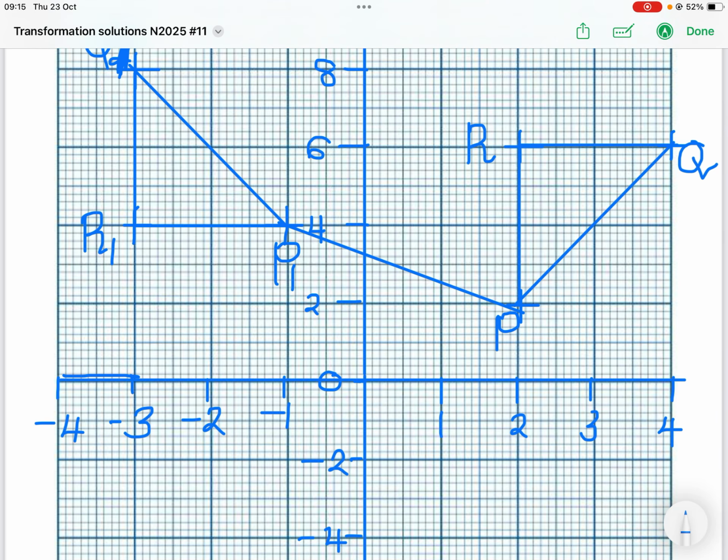And then we draw a perpendicular bisector of that line. We are having 3 boxes, so the perpendicular bisector is going to be on 1.5. It is going to be here. So we draw our perpendicular bisector. It is going to be a line like this.